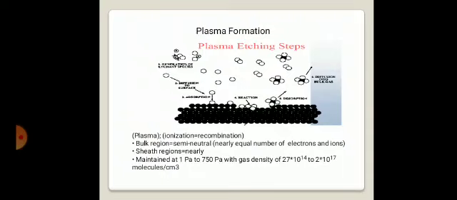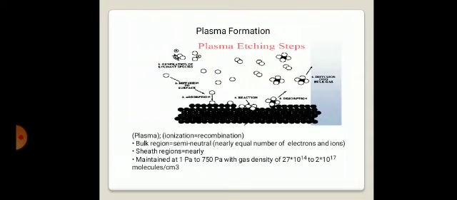We can understand this plasma formation with the help of this diagram. This is a plasma etching step. First, the chamber which we are using for plasma formation should be evacuated. The chamber should be filled with the gas and RF energy is applied to a pair of electrodes.